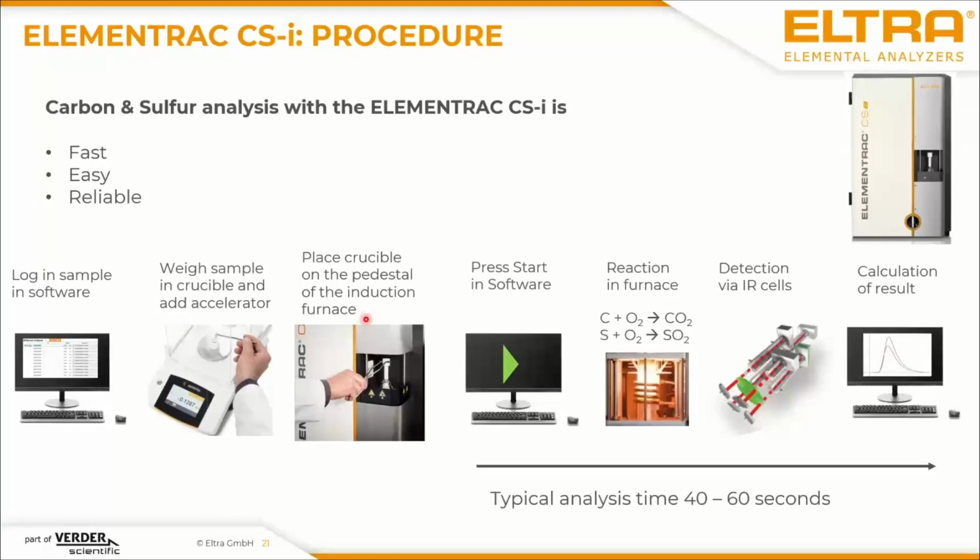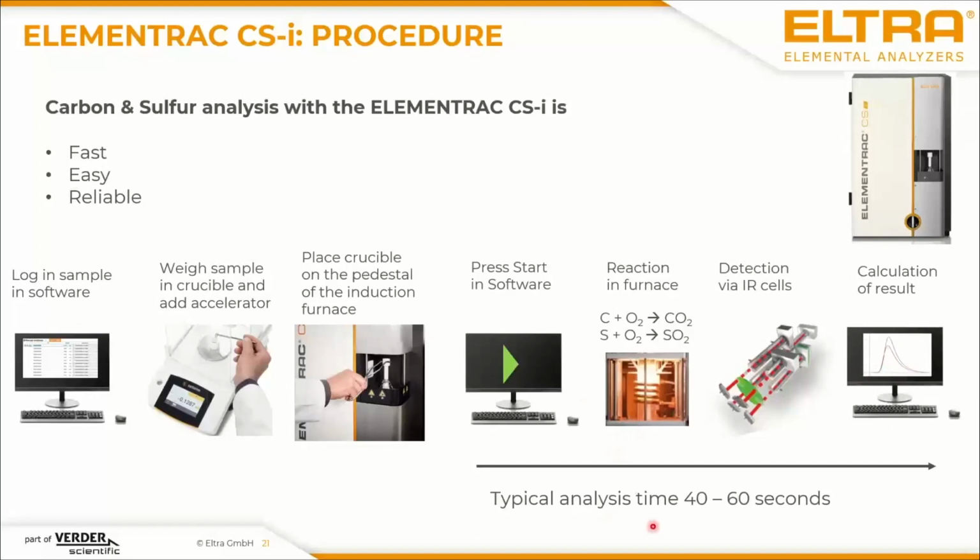So you usually have a metal sample, you burn it, and carbon and sulfur within the sample are burned as well to CO2 and SO2, which are subsequently detected with infrared cells. The procedure itself, however, is very similar and also extremely easy. Again, simply weigh your sample, put it in the analyzer, press start, and you will get your results.